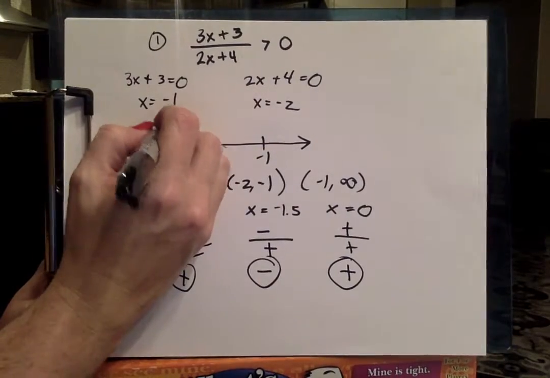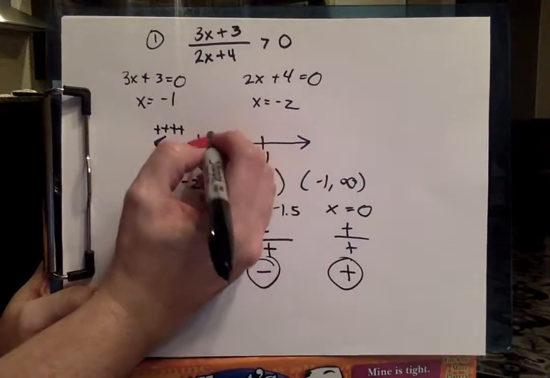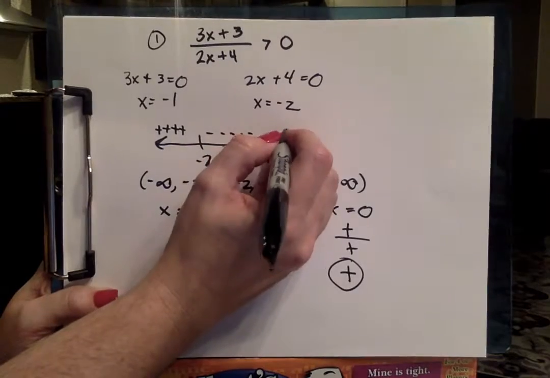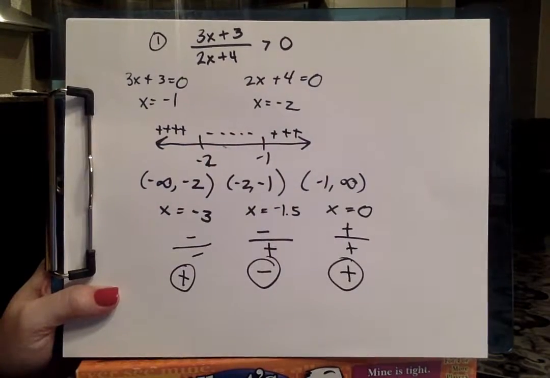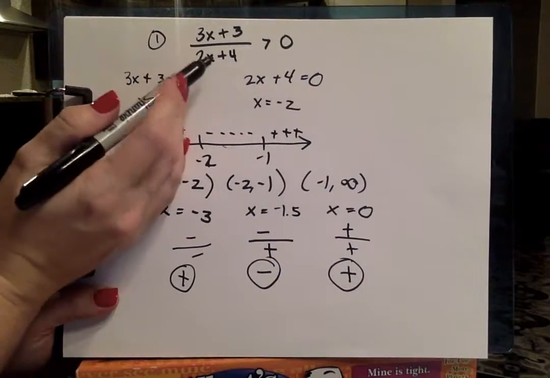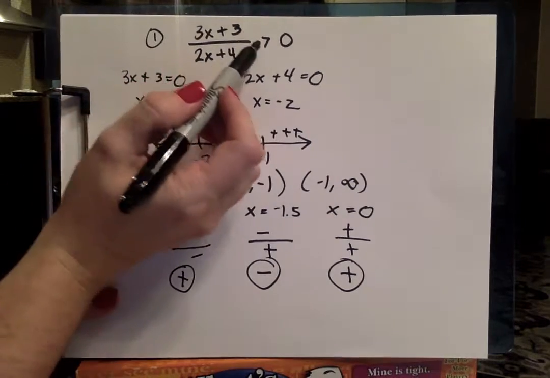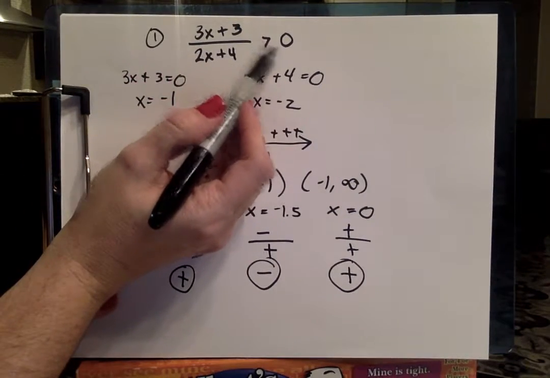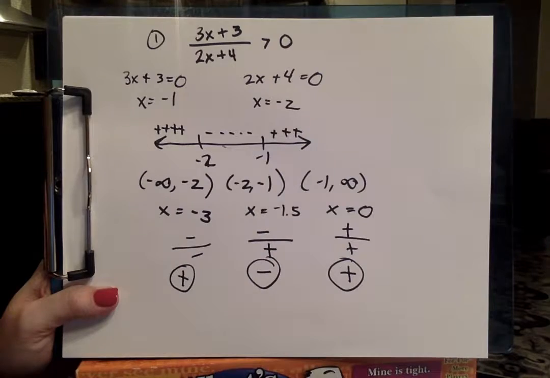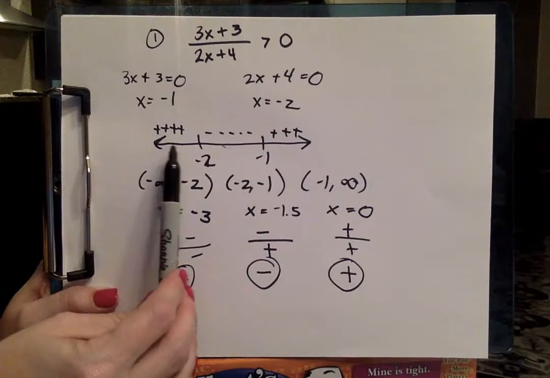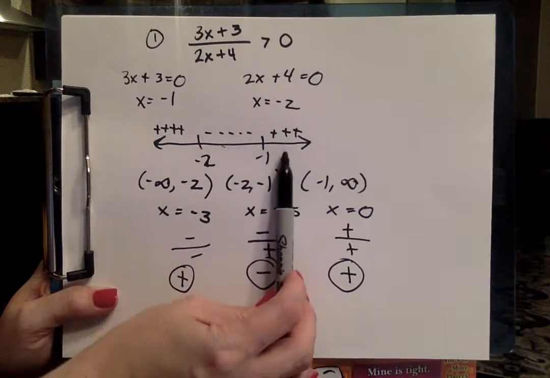So again, we fill in our sign chart. And then we look back at our original function to find out what we wanted. We wanted to know where it's greater than 0, meaning where is it positive? And it's positive in this area and also in this area.